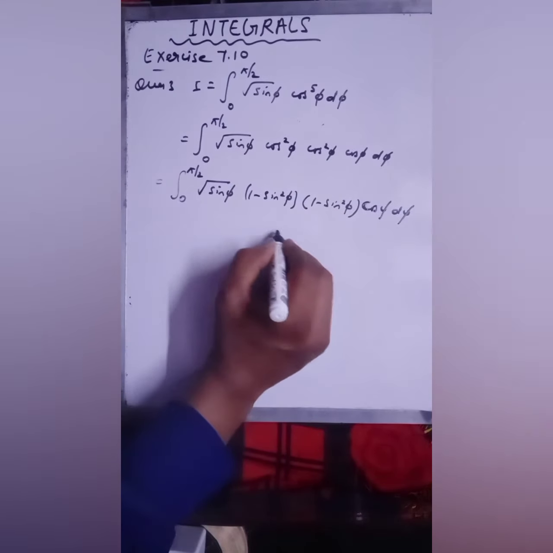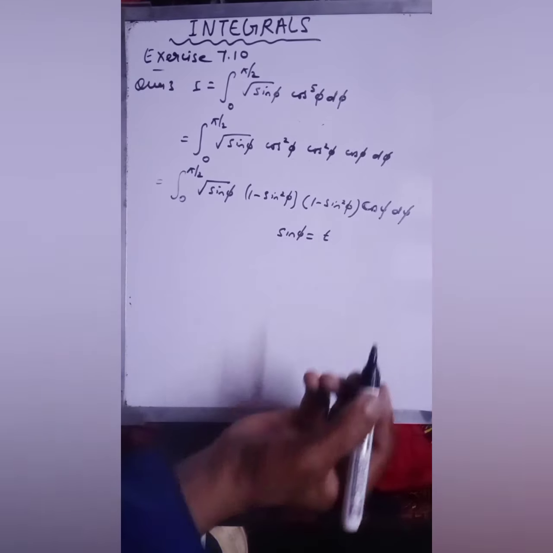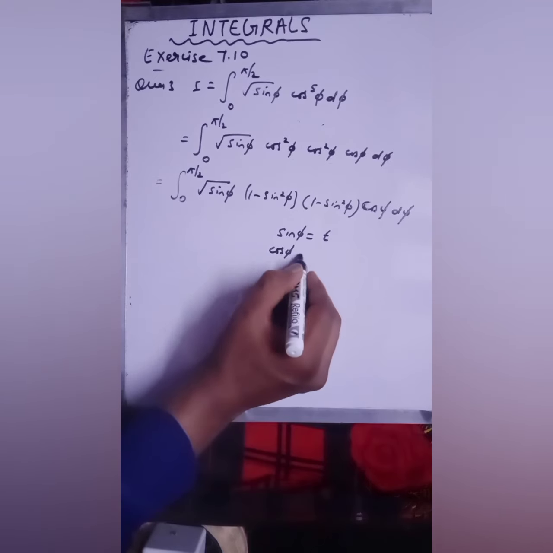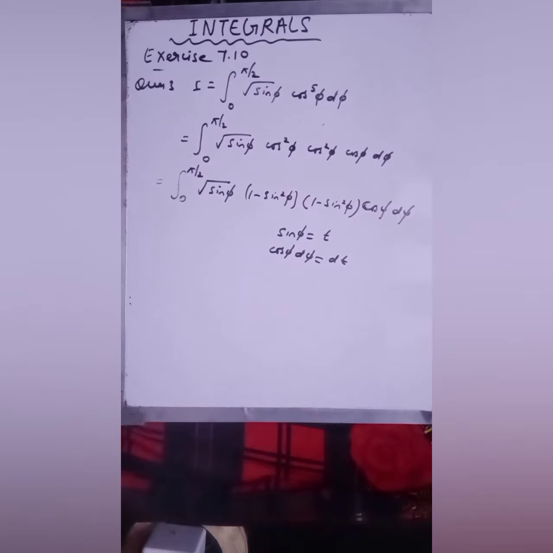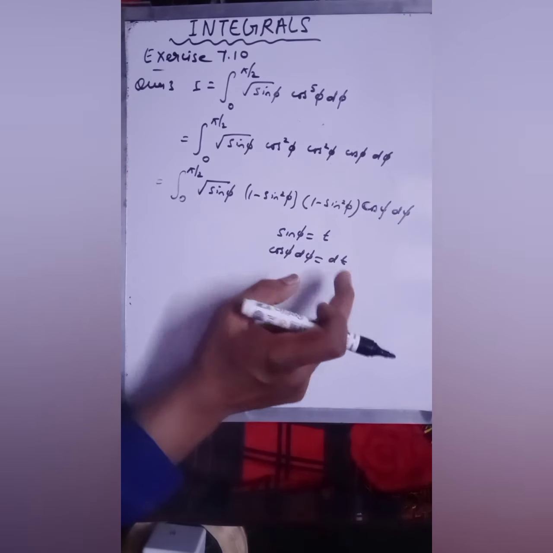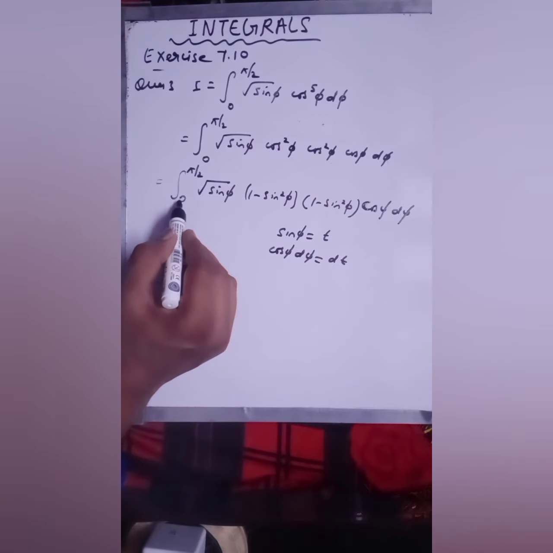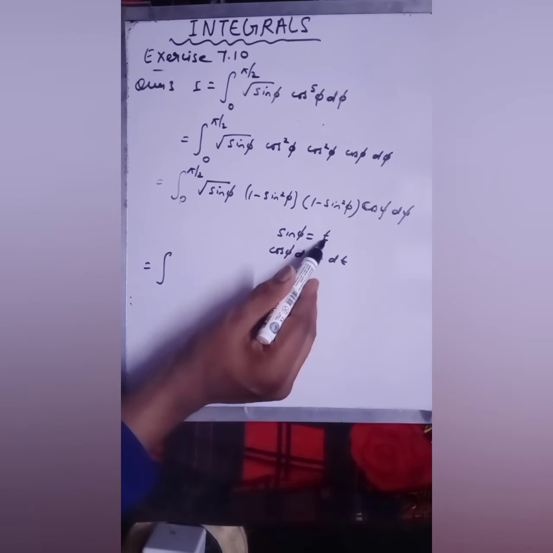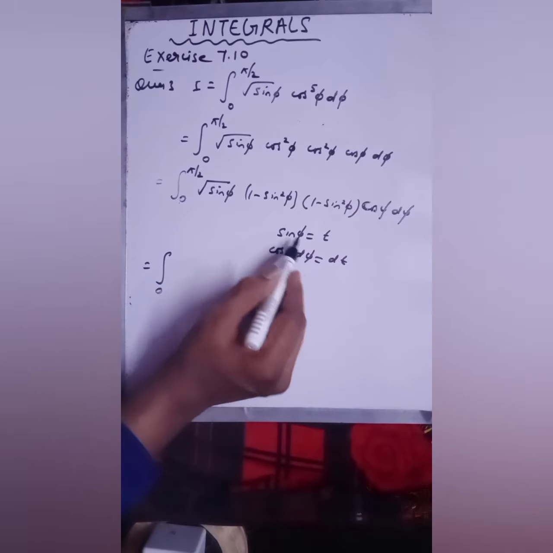What we are doing here, we are assuming that sine phi is equal to t. The derivative of this would be cos phi d phi equal to dt. Now we have to change the limit also. First of all, we put 0 here, so sine 0 is equal to t, so t will be 0, because the value of sine 0 is 0.